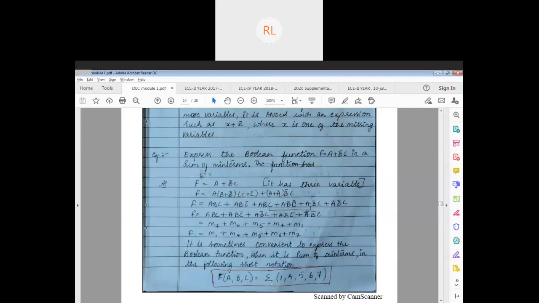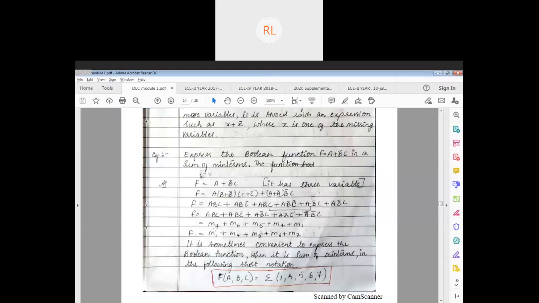Whenever I have a summation, keep in mind that it is going to be my minterm. Whenever it is a minterm, I know it is a small m, and these numbers are taken in the bracket. Okay, fine. Any doubt still here? Please ask me if you have any doubt. Any doubts, students?